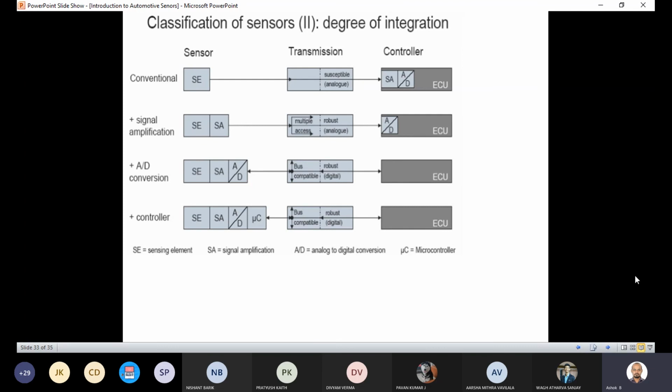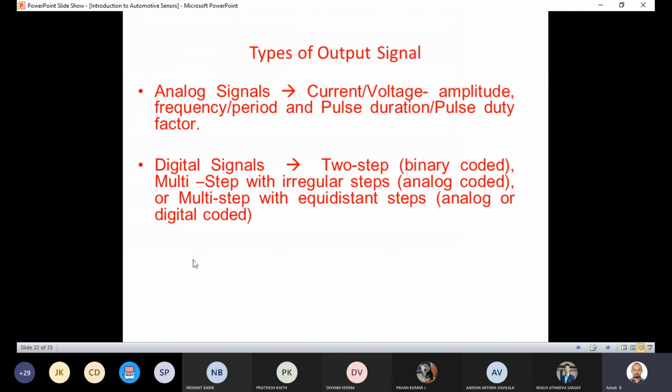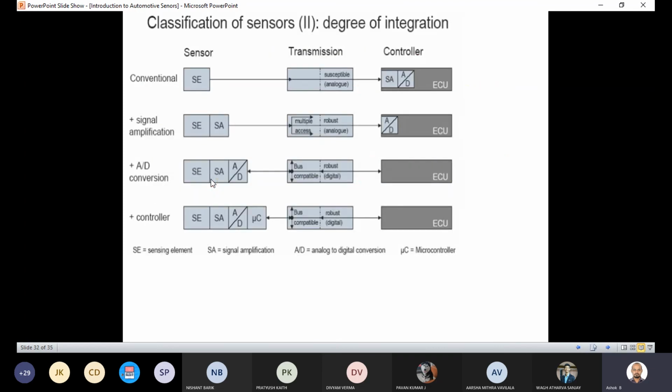This is what we discussed in the previous slide about the digital signal. This sensor can do signal amplification and give only the analog value, but this sensor can give the digital value. Another advancement is having a microcontroller along with the sensor, so this type of sensor can be bus compatible. What is the need for a microcontroller here?